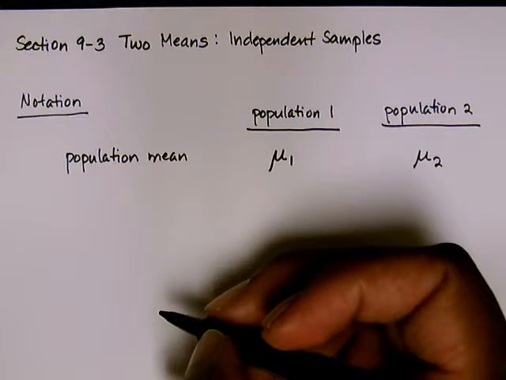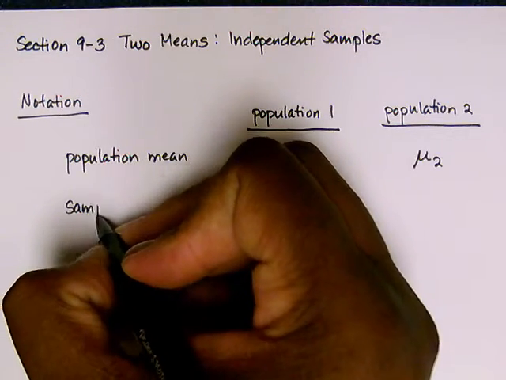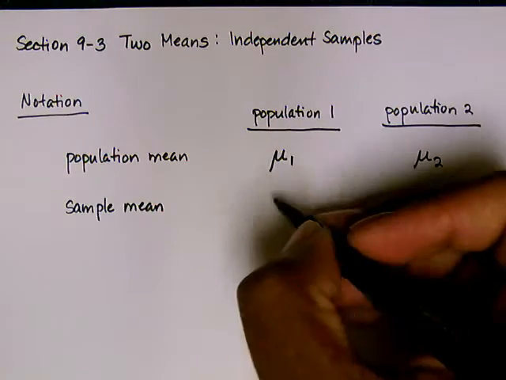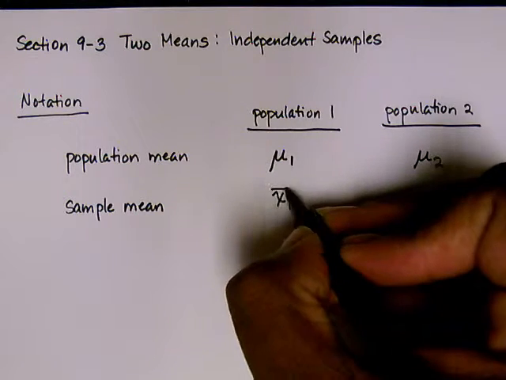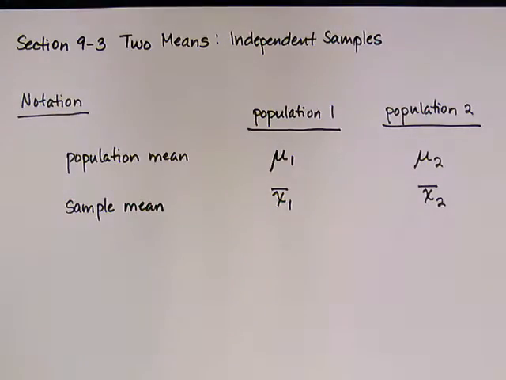Then we have the sample mean. The sample mean is always x bar, so for the first population it'll be x1 bar, and x2 bar will be the sample mean from the second population.